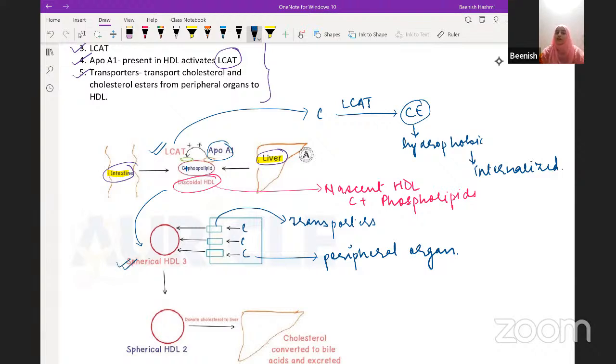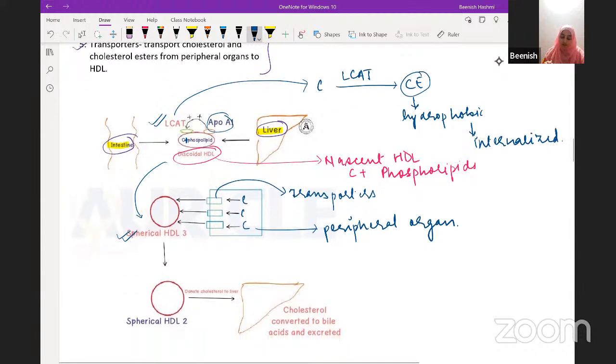Now, in the spherical HDL3, LCAT is active, as a result of which the cholesterol is converted into cholesterol esters, and these cholesterol esters are internalized. So there is more space in the periphery, so more and more cholesterol can be transferred from the peripheral organ to the HDL3. Now, because of this, what happens?